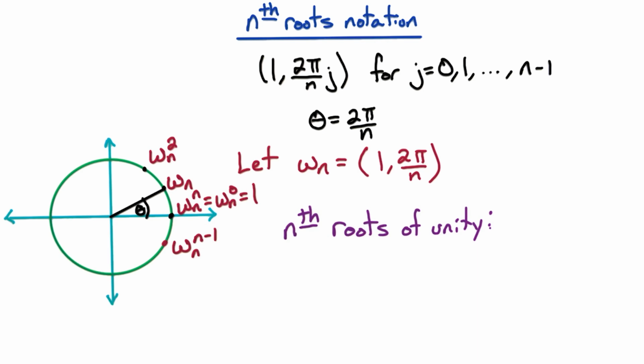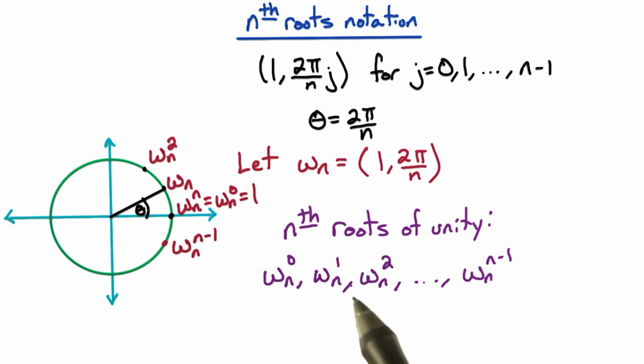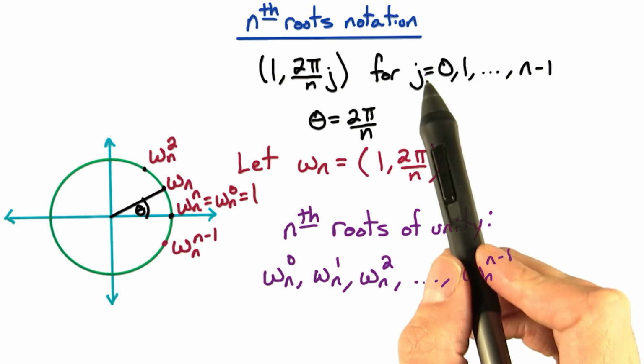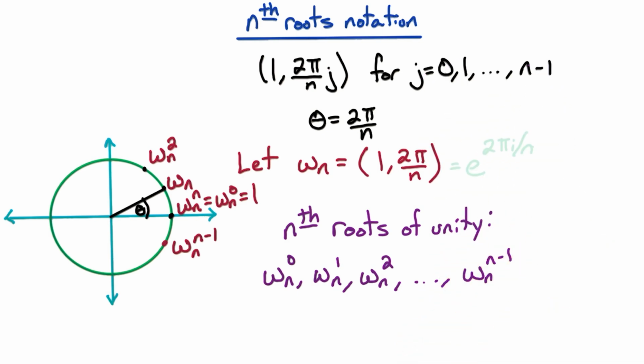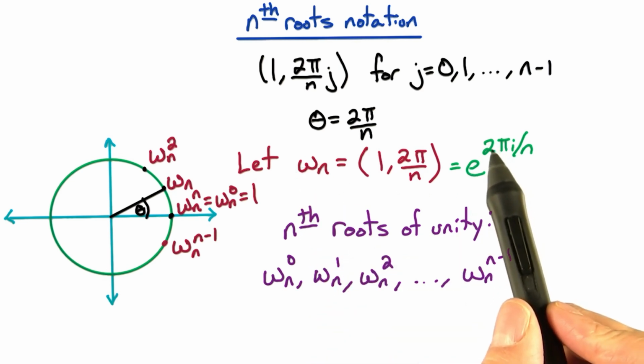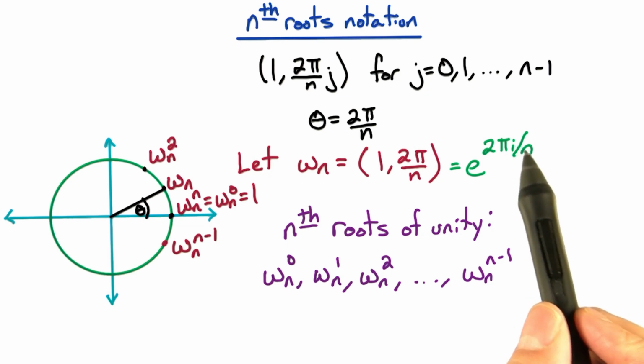So the nth roots of unity are the following n numbers: omega sub n to the 0 power, to the 1st power, to the square, up to the n minus 1 power. These n numbers in polar coordinates are (1, 2 pi over n times j), where j varies from 0 to n minus 1. And recall Euler's formula: this number omega sub n equals e raised to the power 2 pi i over n.